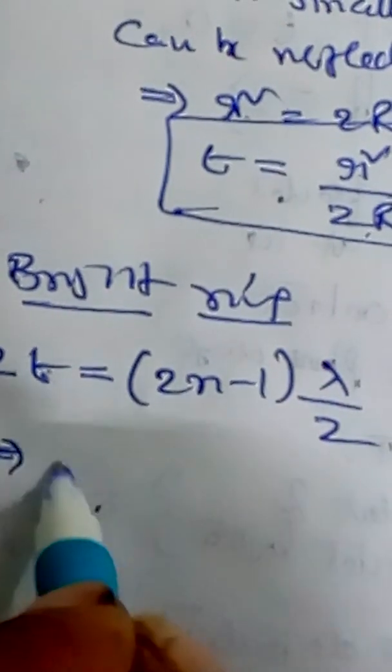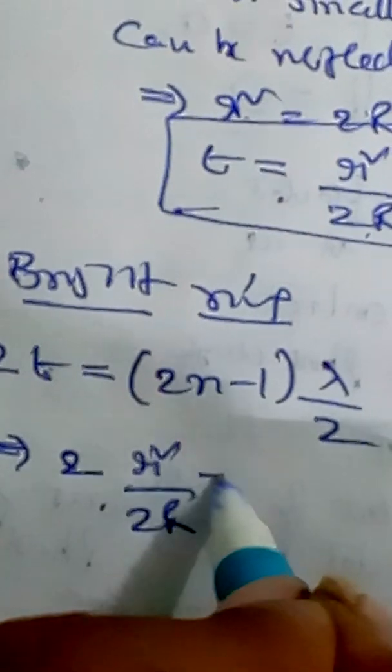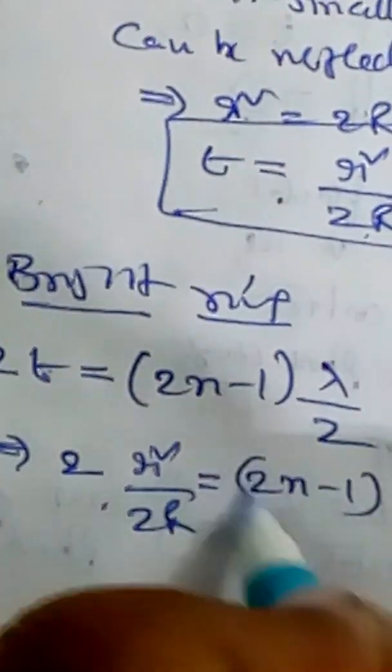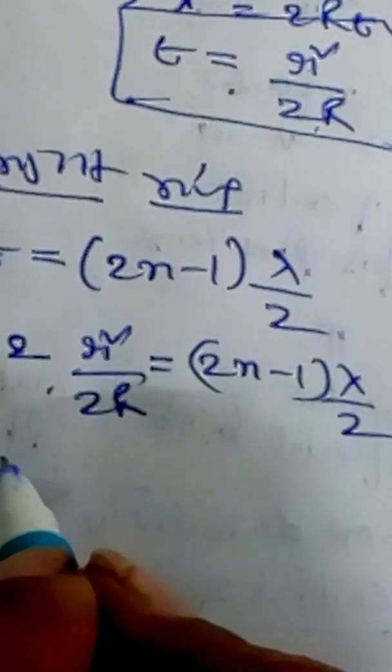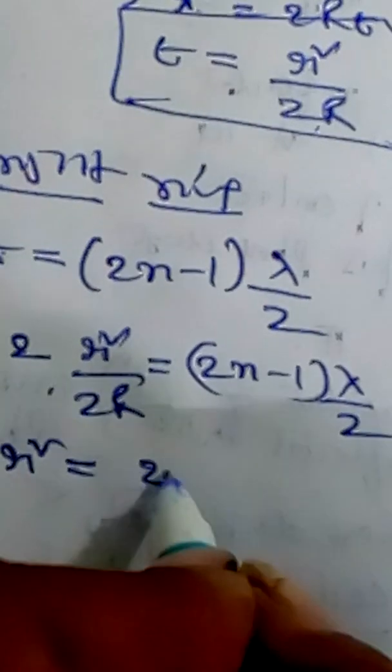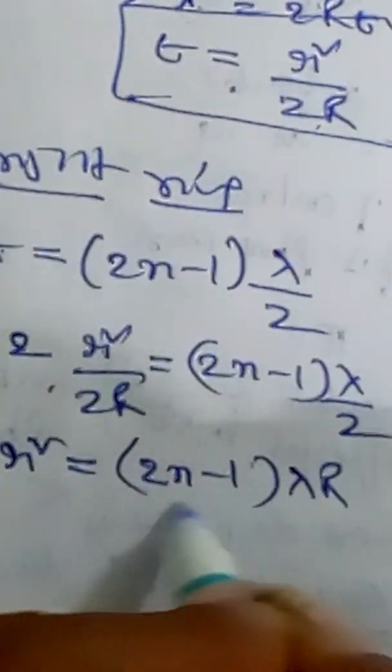So that means 2 into r square by 2R is equal to (2n minus 1) into lambda by 2. Okay, now simplify. You will find r square as (2n minus 1) into lambda R by 2.